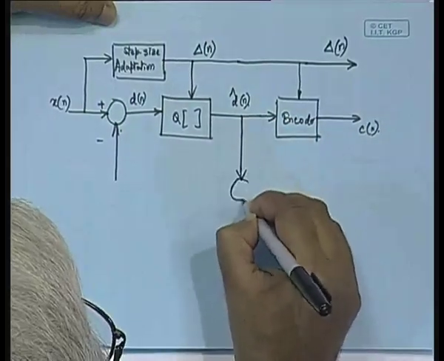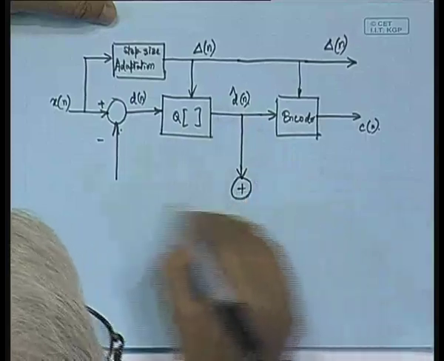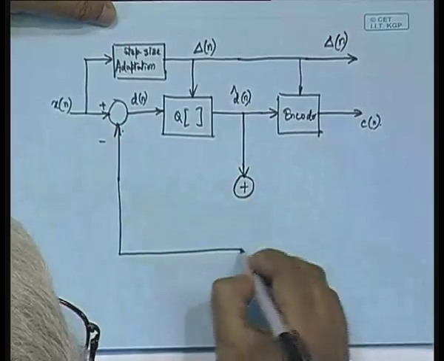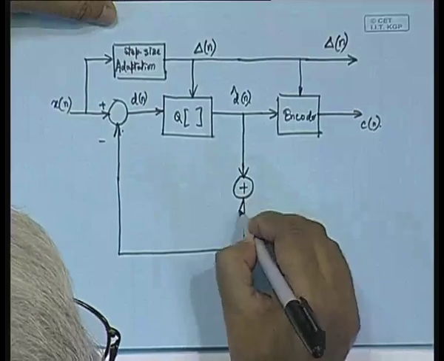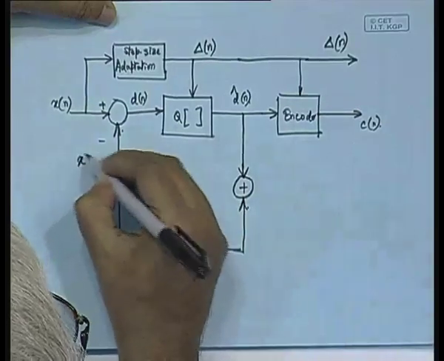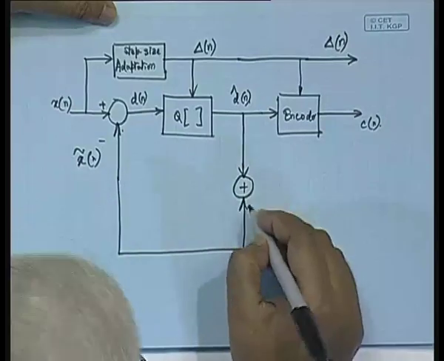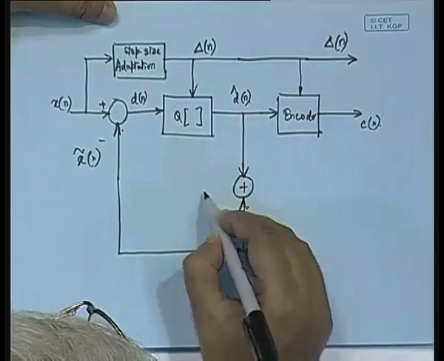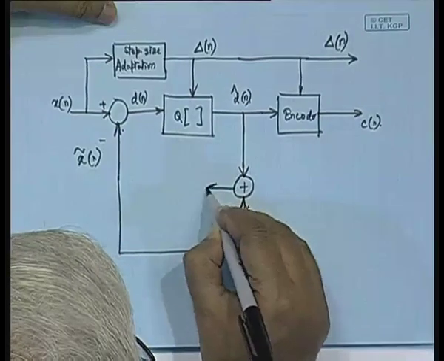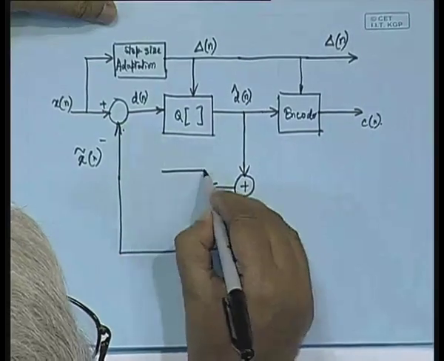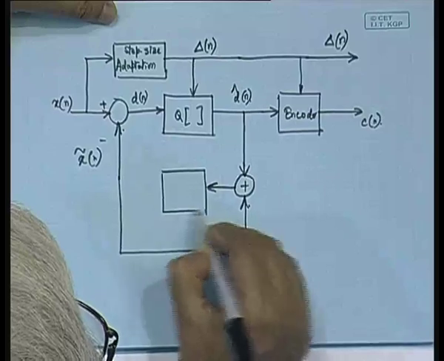and then this d cap of n, we have to add up with the predicted value of the signal, which is x tilde of n. So, x tilde of n, if we add to d cap of n, this gives us x cap of n, and then we will be having a predictor block.